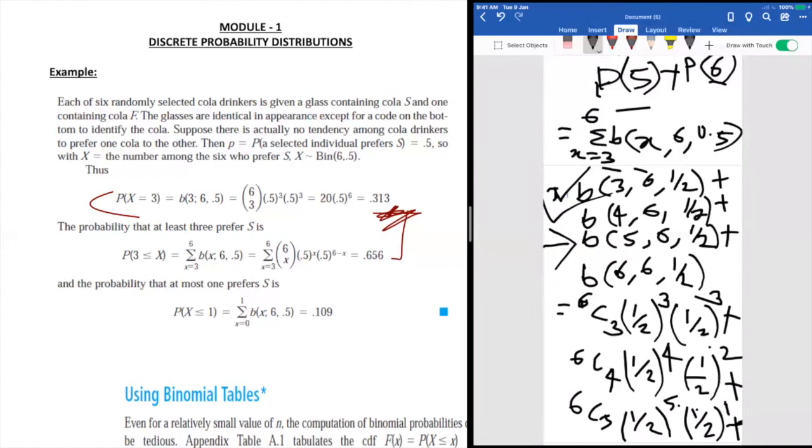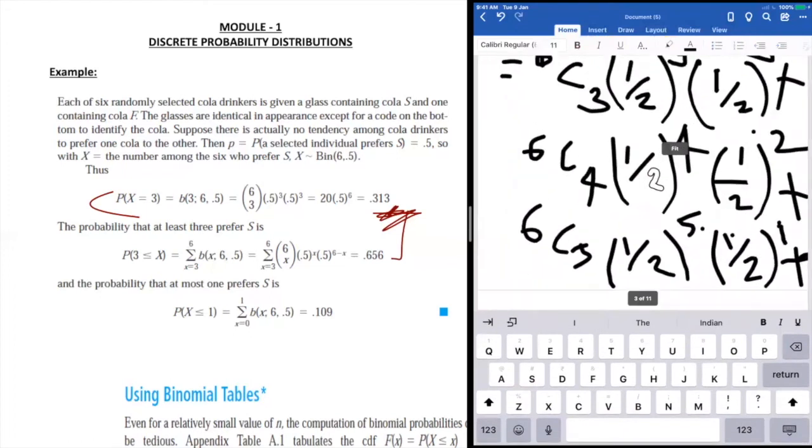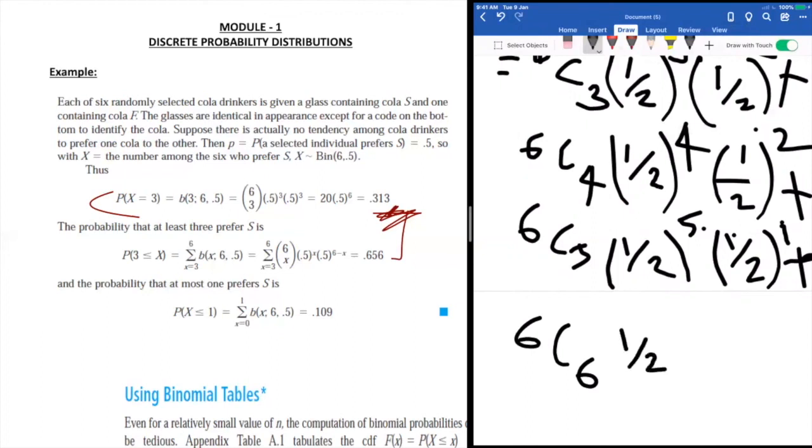Plus the last term, 6C6 1 by 2 all raised to 6 times q raised to n minus x, n equal to 6, x equal to 6, 6 minus 6, 0.